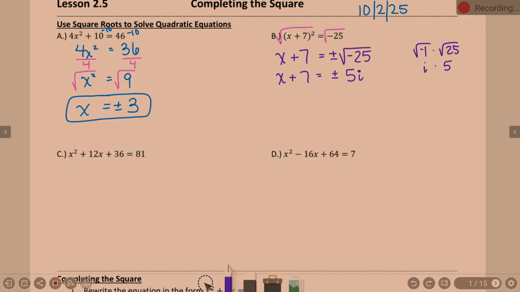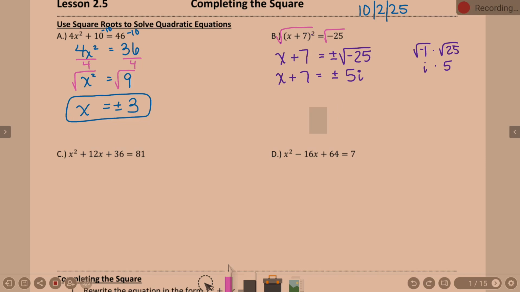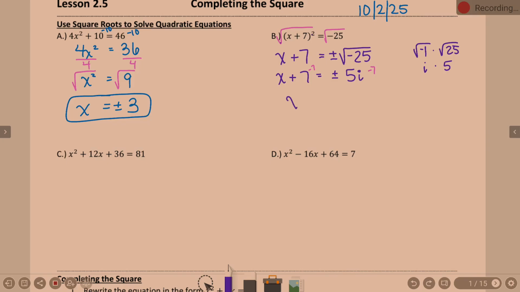What do I do to finish solving for x? If it's x plus 7, you want to move the plus 7 over, so we're going to subtract 7. Now, on the left you have x. On the right, technically, I don't think there's a right versus wrong way to write it.